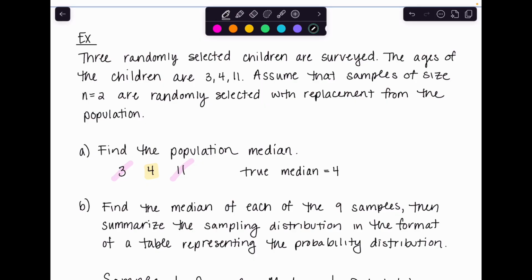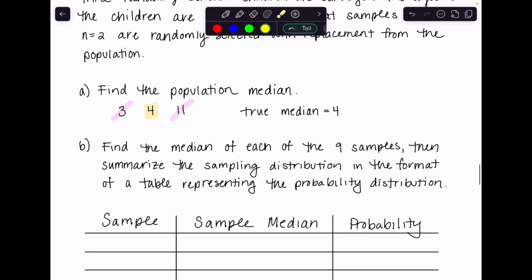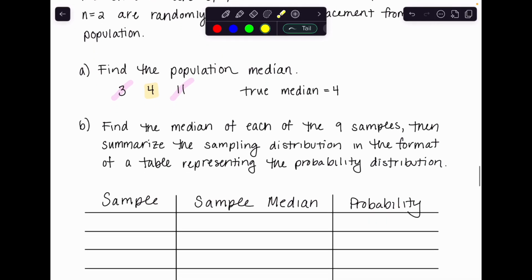Now, knowing that there are 3 different actual data values, same as before, we're going to have 3 pairings with each of these: 3 with itself, 3 with 4, and 3 with 11. So there are going to be 9 samples in total. We're going to find the median of each of the 9 samples, and then summarize the sampling distribution in the format of a table representing the probability distribution. Basically, create your big table first with those equal probabilities, and then condense it if there are repeats.